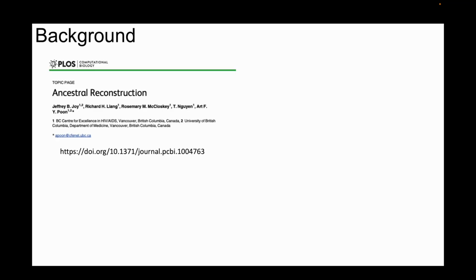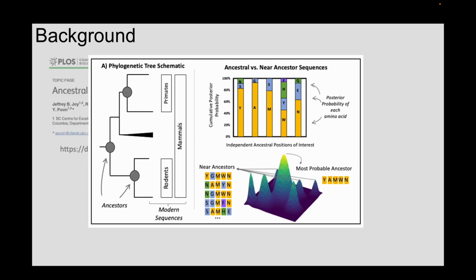So yeah, due to time constraints and the nature of this video, I really won't go through the nitty-gritty details of the theory and background behind ancestral reconstruction. I did provide a link in the description about this. But a couple of points that are helpful in terms of understanding and using AP-LASR: for one, a more technical note, AP-LASR through IQ-Tree uses a Bayesian approach to infer ancestral sequences.